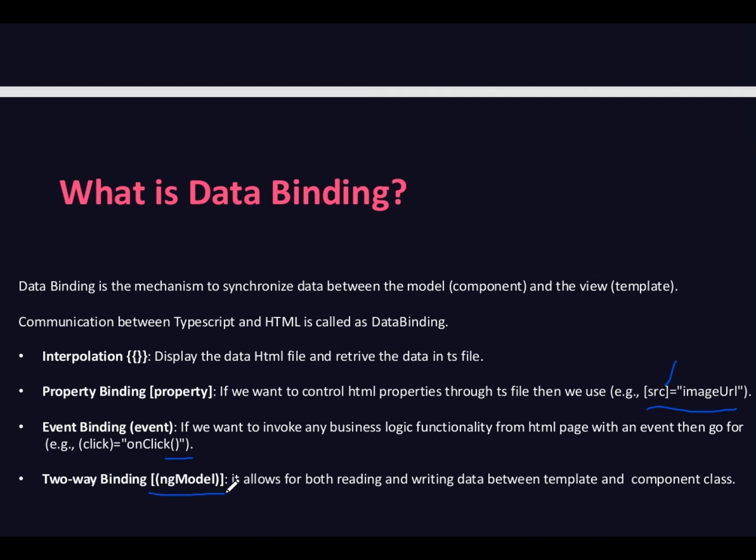We can achieve it through ngModel. It reads and writes data between the template and the component at the same time. When we write something in the HTML file, it is transferred to the TS file at the same time, and TS to HTML as well. In HTML we denote it with ngModel, and we declare a variable in the TS file, then we can use it.